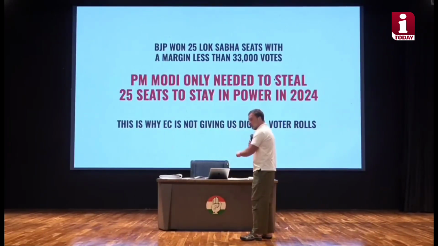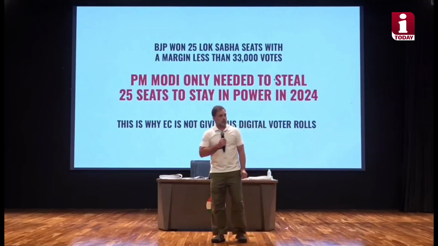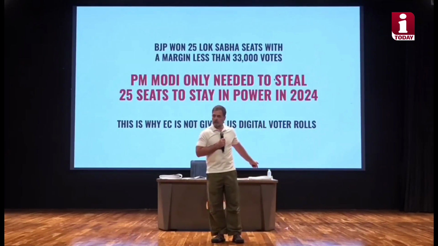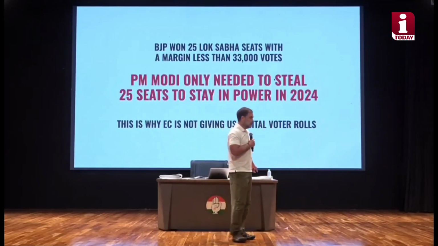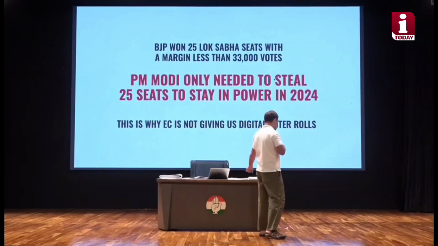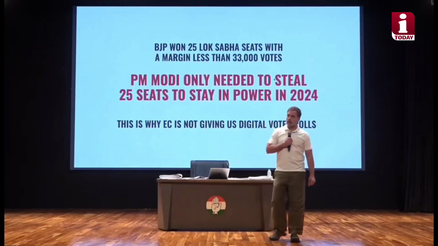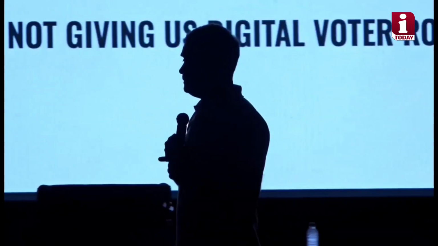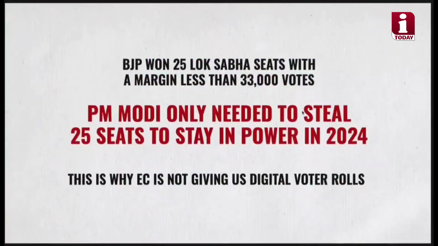All this information now, this is evidence. Not just the Karnataka information, every single voter list of the country, this is a crime that is being committed against the Indian Constitution, against the Indian flag.